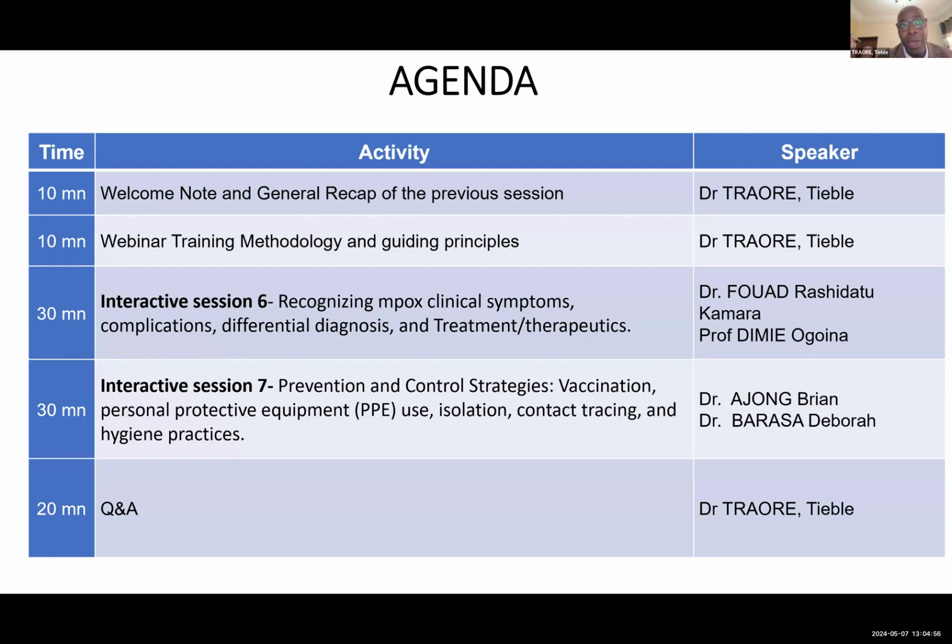Today, we will cover the clinical symptoms, complications, how you are going to address them, differential diagnosis and treatment, and the various therapeutic means. That will be done with Dr. Rashidatu Fua Kamara and Professor Ogena Dimi, a well-known figure in the international arena today in terms of mpox clinical case management.